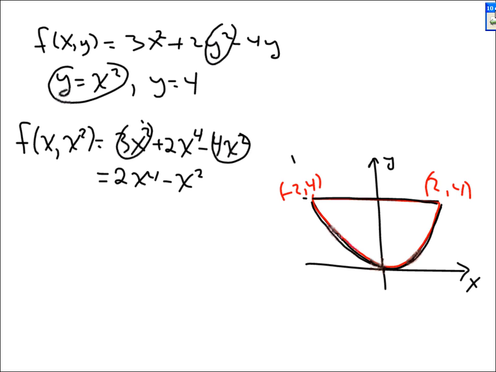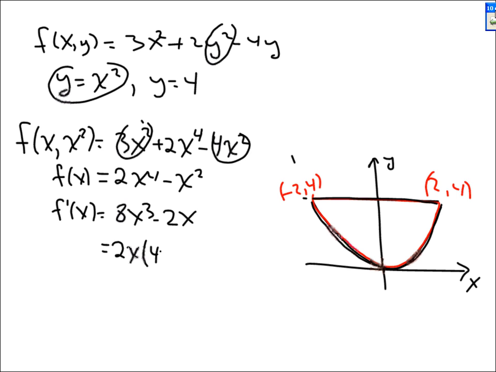Now this is just a Calc 1 problem to find the max and the min. Call this f of x. Well, then f prime of x is 8x cubed minus 2x, which is 2x times 4x squared minus 1. I can factor that to 2x times (2x plus 1) times (2x minus 1).